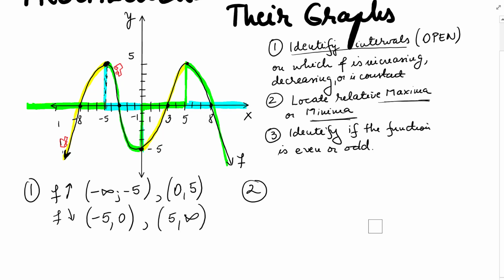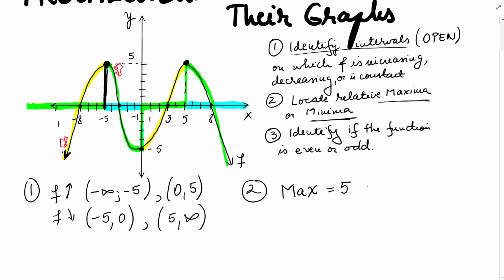So in this case, let's look for maximum. Do I have maximum values? Yes, I have. This is a maximum value. This is a maximum. Now, what is that actual value? How tall is this? Well, this is 5. So the maximum is 5, and there is a maximum of 5 here as well.